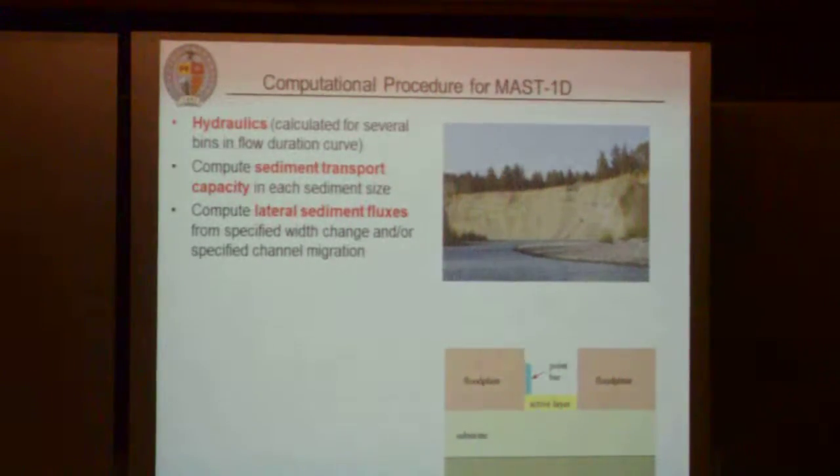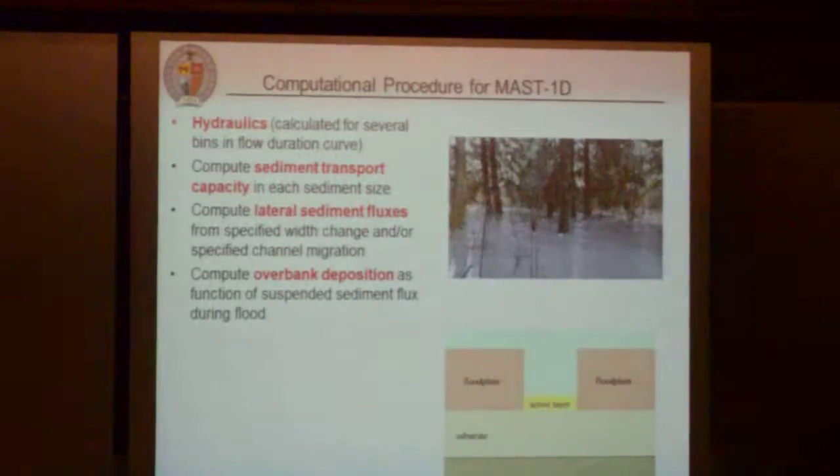Okay, that's capacity. Once we do that, we calculate the lateral exchange fluxes, so the river migrating into a high bank. This is a blunt, it's not a bank, but it illustrates the point. So we'll bring material into the channel and then take it out of the channel at our specified rates. The rate going out is specified by the bar, but the rate coming in is a function of how much sediment is stored in the floodplain.